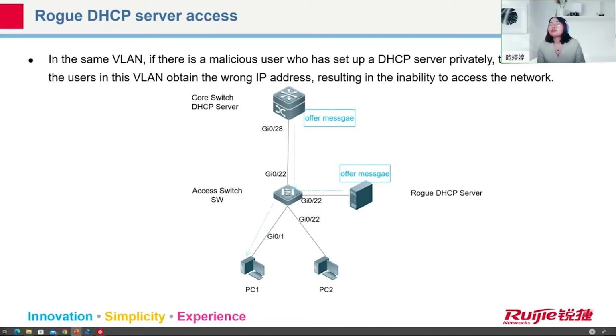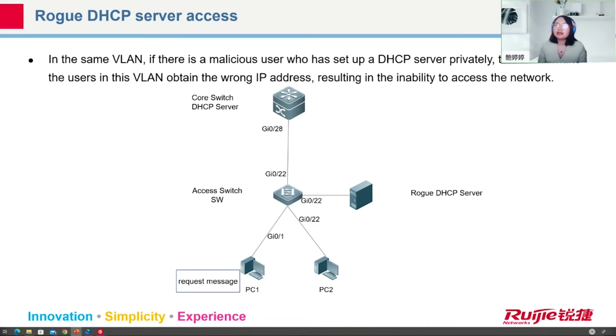Maybe it will receive the offer message from the illegal DHCP server first. And according to the principle, if PC1 receives multiple offer messages, it will choose the fastest one, the first one. So finally, it will take the information from the illegal DHCP server. And the second one, it will discard. It will choose this one.